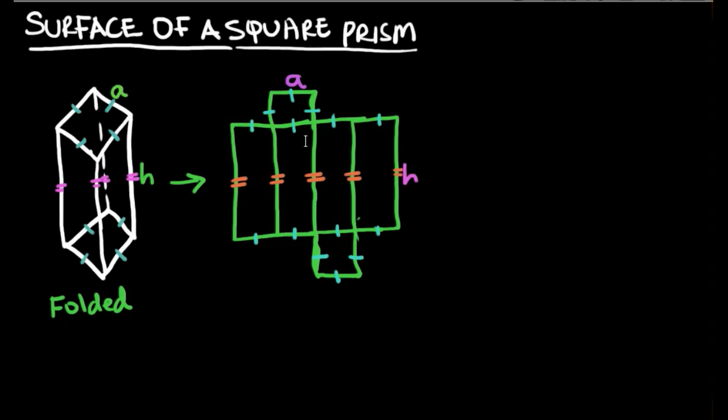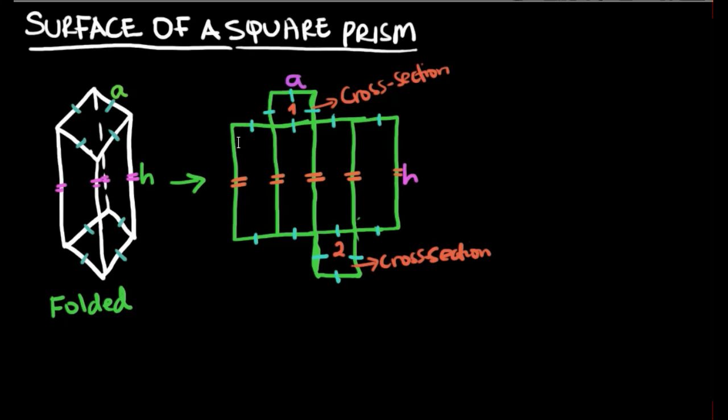Now, these parts 1 and 2, we call the cross sections.